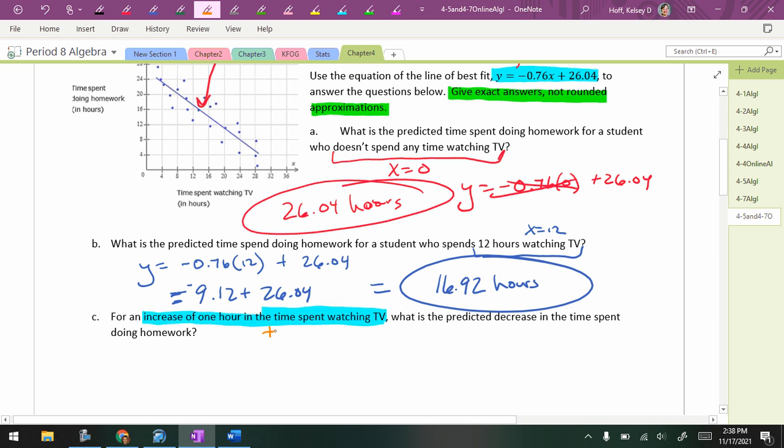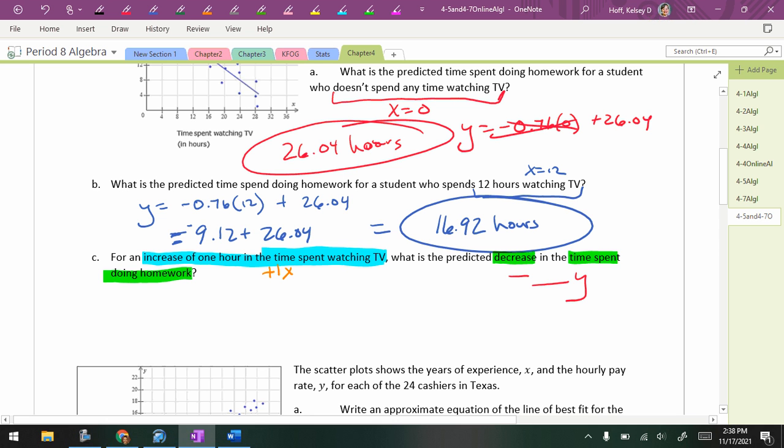So every time you get one more X, they want to know what the decrease in time spent doing homework. And homework is Y. So blank in the Y. What are they looking for here? The slope. That's 100% all they're looking for.